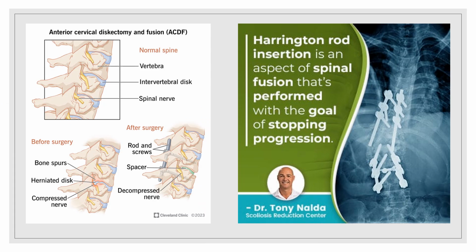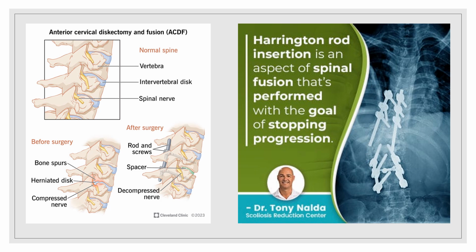An ACDF is a specific cervical procedure that involves the removal of the disc and the fusion of the spine, and so that's why it's named what it is. ACDF stands for anterior cervical discectomy and fusion. You will see it written as both ACDF and ADCF, but ACDF, I believe, is more common and is what the research utilizes, so we're going to stick with ACDF here.